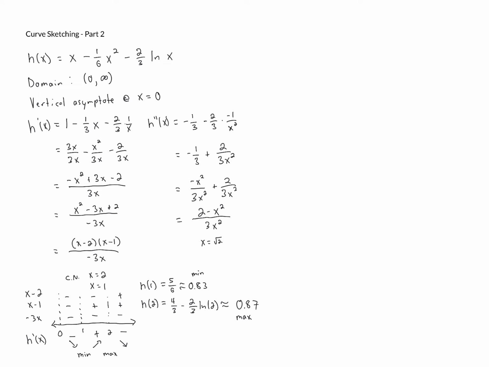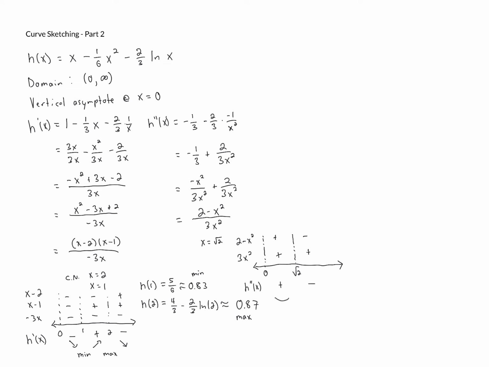Remember, the domain starts at 0, and then we've got the square root of 2, and our factors there are 2 minus x squared and 3x squared. 3x squared is always going to be positive. 2 minus x squared is going to be positive and then negative, because if x is less than the square root of 2, x squared is less than 2, and 2 minus something that's less than 2 is positive, but then when x gets too big, this becomes negative. And so then our second derivative is going to be positive and then negative.